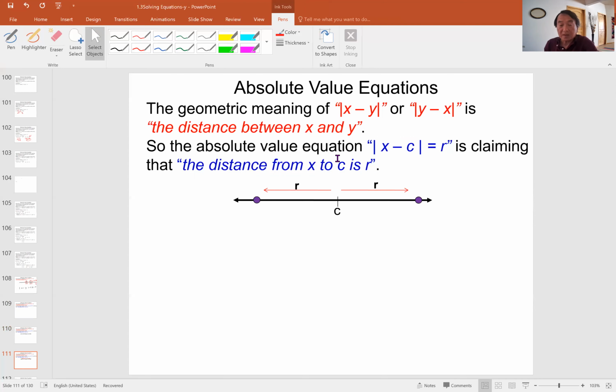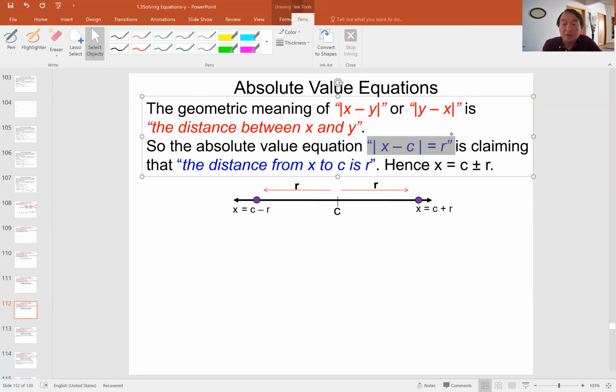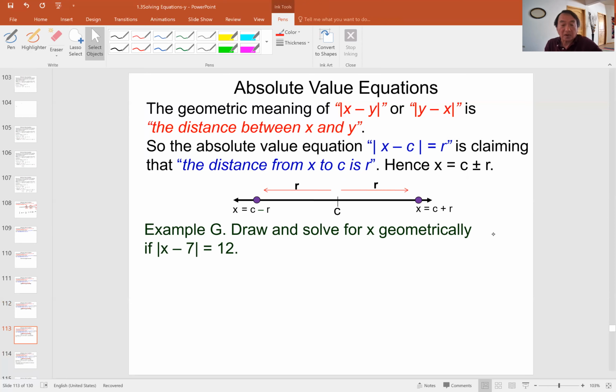The two endpoints over here have distance R to C. So the geometric problem is what are the coordinates of those two boundary points. Of course, one is C plus R and the other is C minus R. And so this is the geometrical solution for that equation, which actually has geometric meaning.